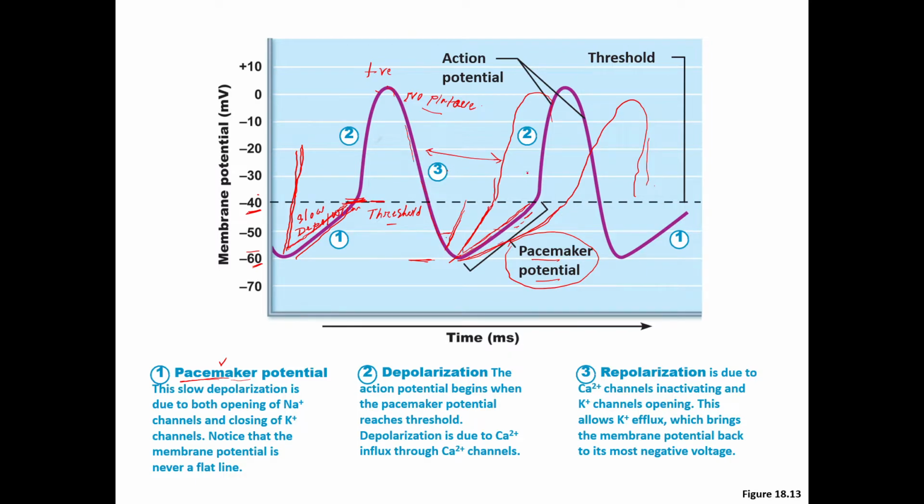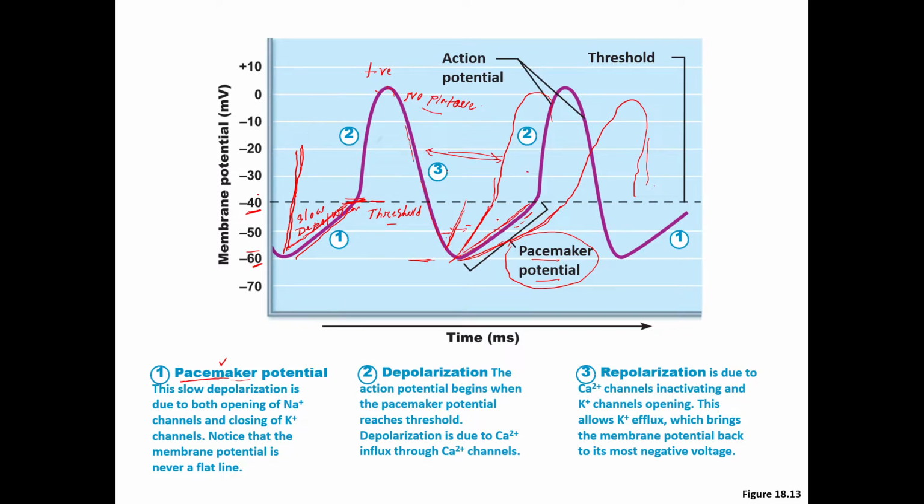So the interval between two beats will be shorter here and longer here. And when your heart rate increases, this interval gets shorter. When heart rate is slow, the pacemaker potential interval gets longer. So this is how the heartbeat can be changed.